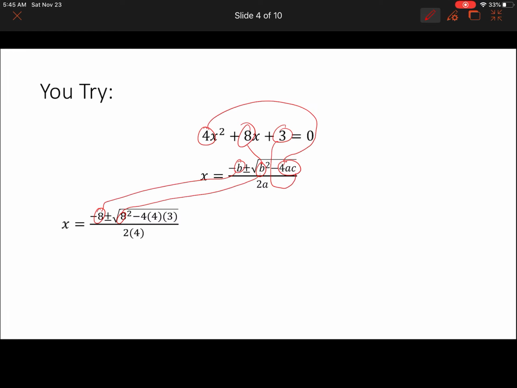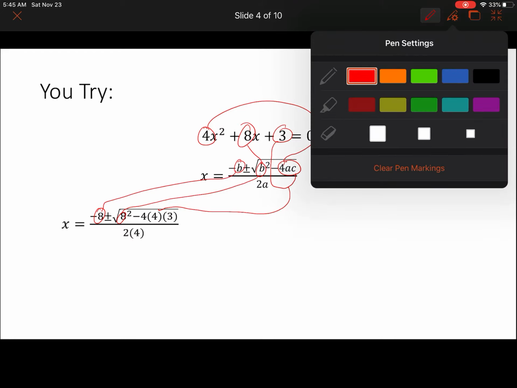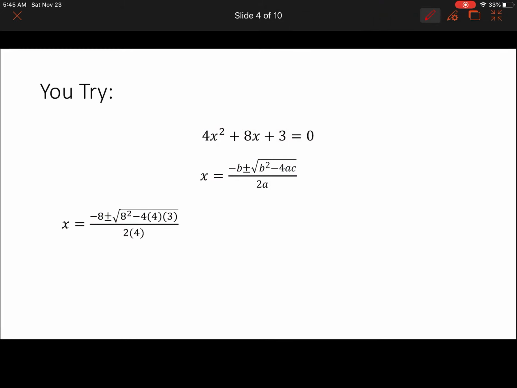The a comes from there, the c comes from there, and that's 4ac. 4 times 3, it's getting a little bit complicated. 4ac, and then 2 times a. 2 comes down here. And we solve.